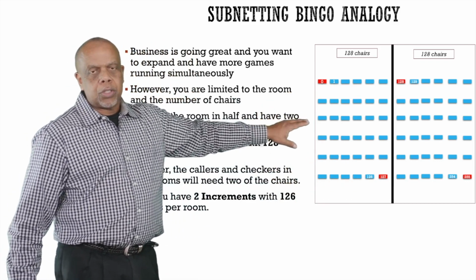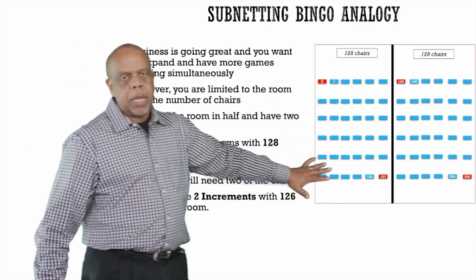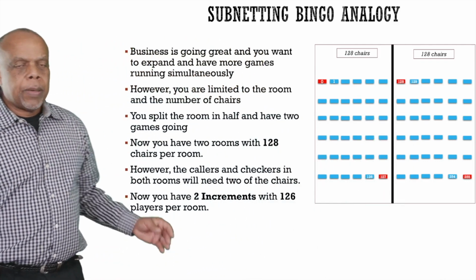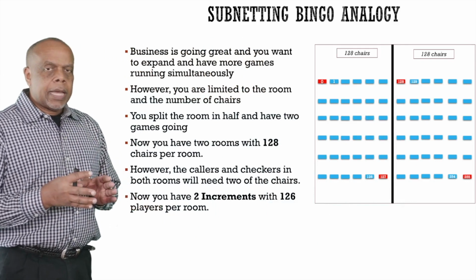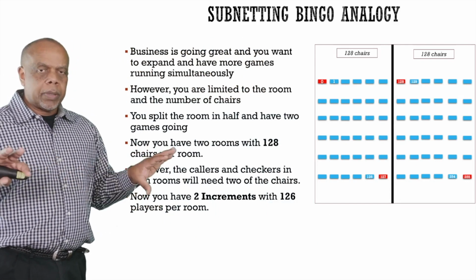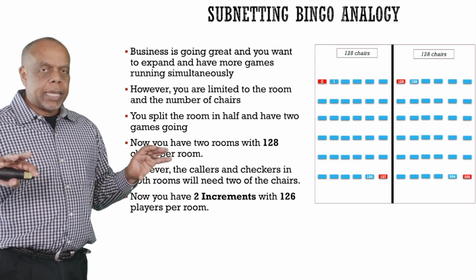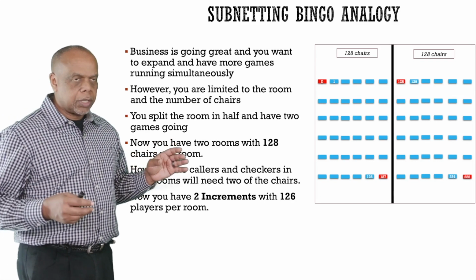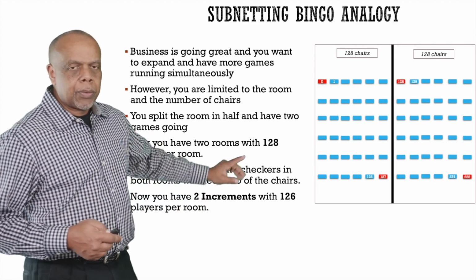So now I have 126 available chairs in this room, and 126 available in the other room to give out. So I basically split my room into two increments of 128, with only 126 usable chairs in each room. I've just subnetted my room by 128.